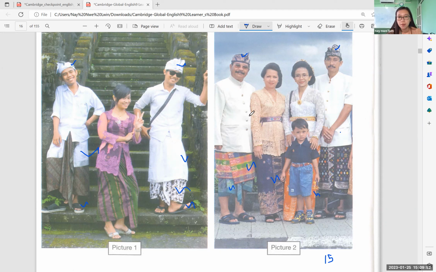Yes, correct. But the clothes have been tied together? No, they are not tied together. They are separate clothing, right? It's just like the blouse and the longyi, right? They are separated. Yes. Okay.